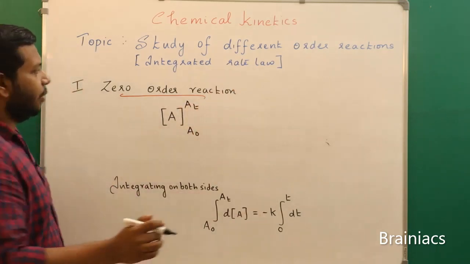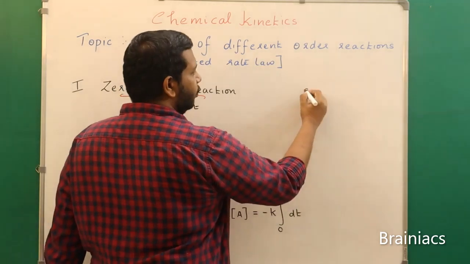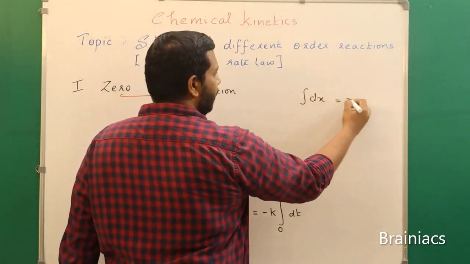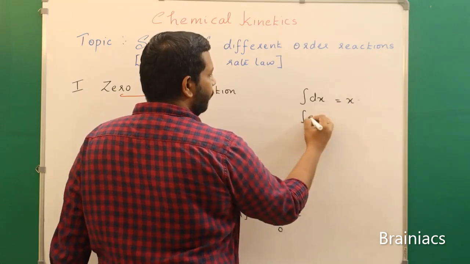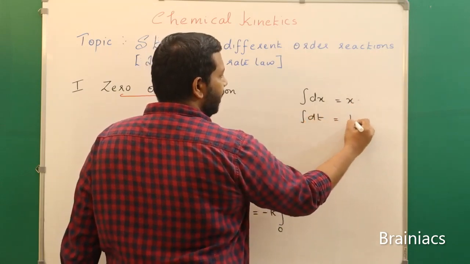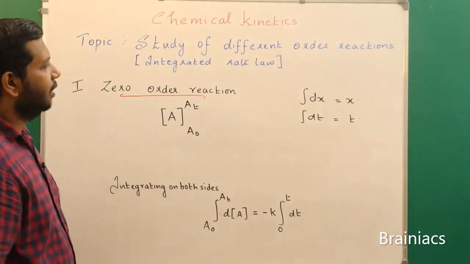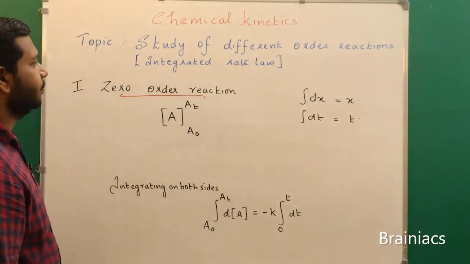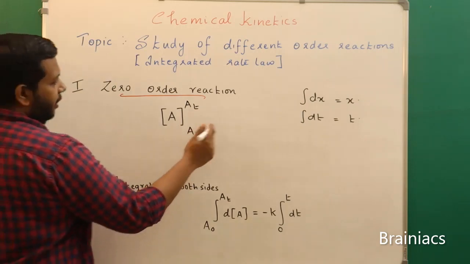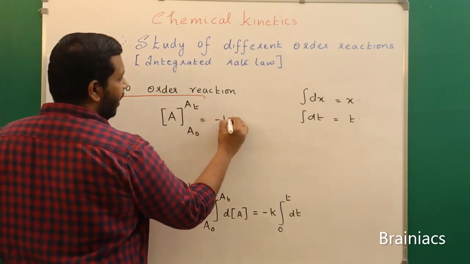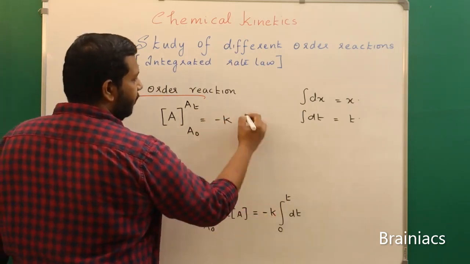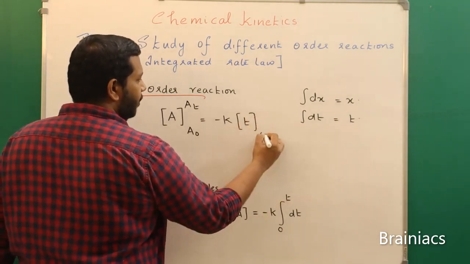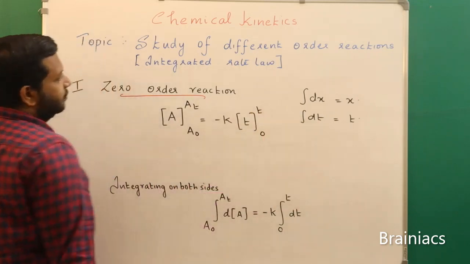If you have doubt, please remember the fundamentals of integration: integral of dx will give you x, integral of dt will give you t. So here also, minus k integral of dt will give you t, with lower limit 0 and upper limit t.